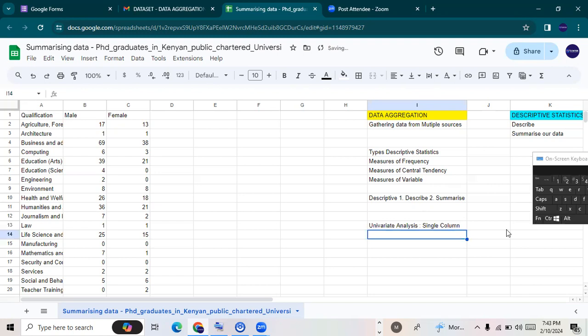The next thing is, I want to know how many males here against the females, or how many males here have an engineering background. So I'm going to pick the male column against the qualification column.